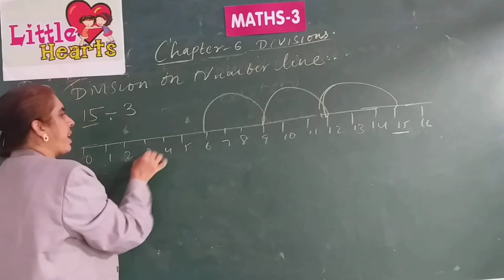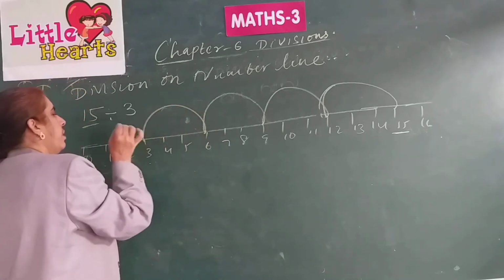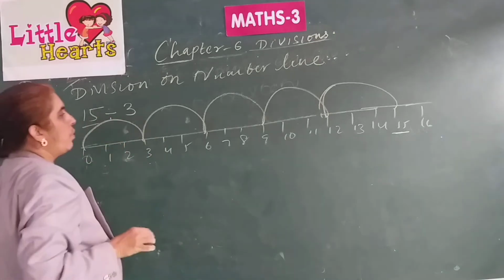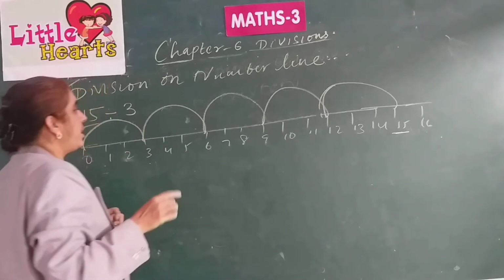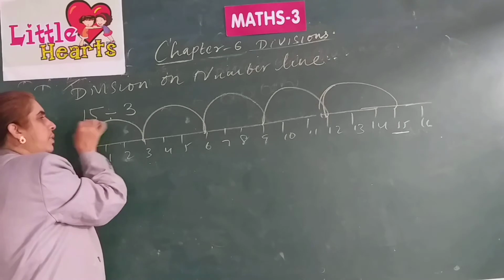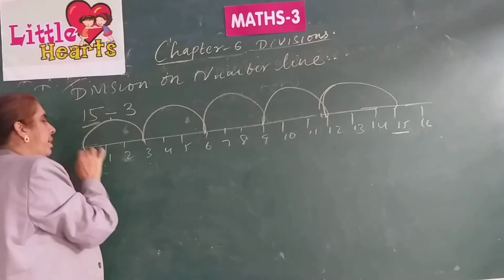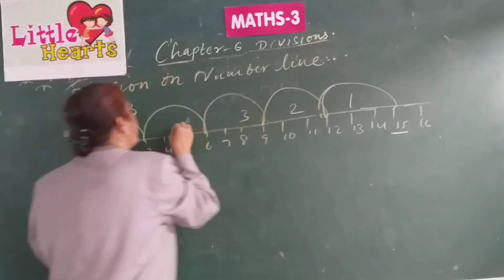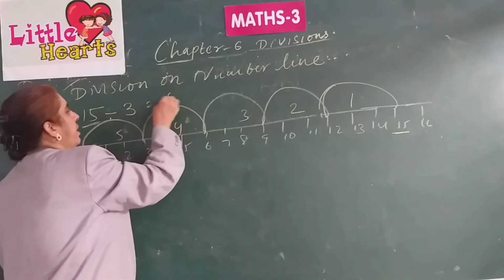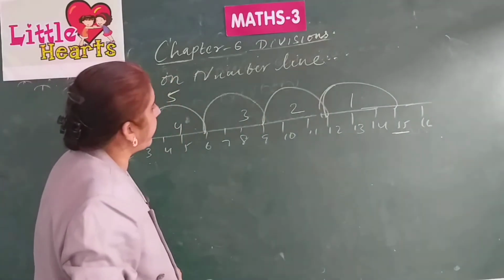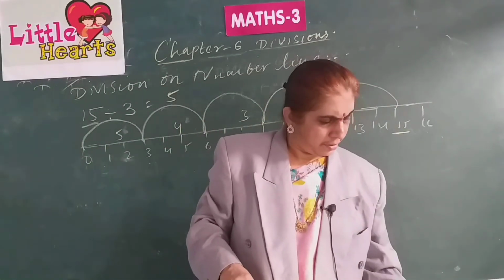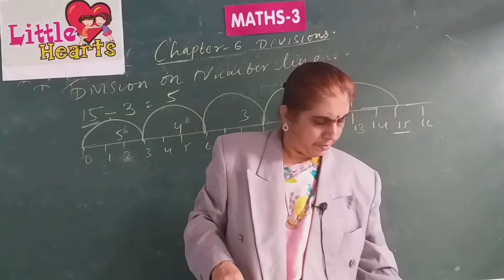Again 3 steps backward, and again, until you reach 0. How many moves have you taken? That is the quotient. In this way, division can be done on the number line.